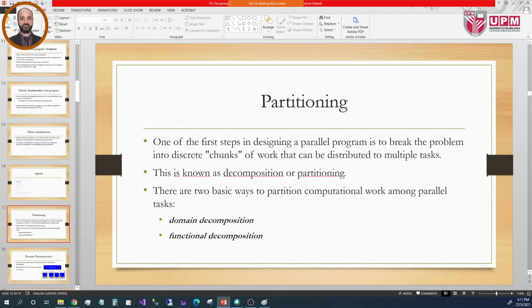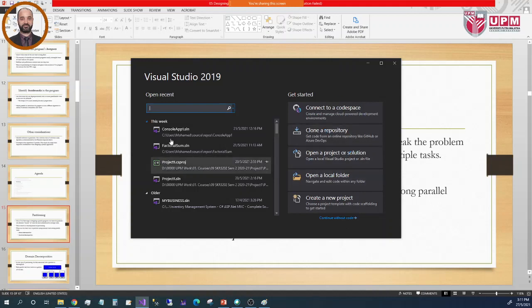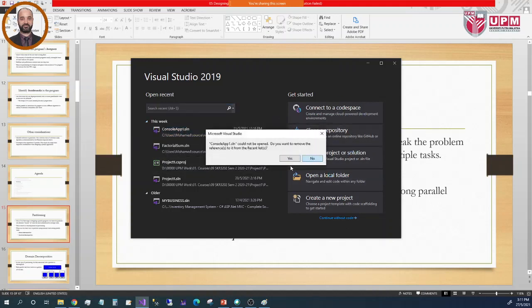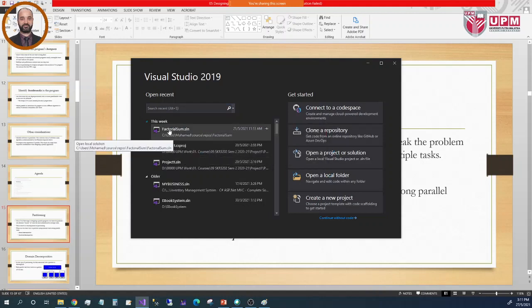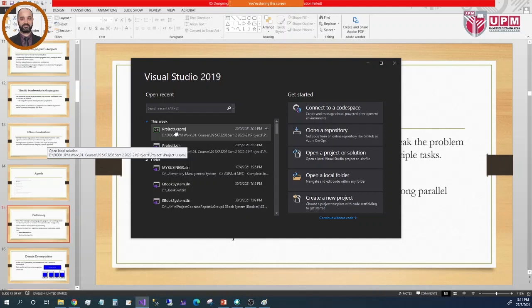Okay. So here, this is our last factorial sum, or what? Oh, not that. This one. Oops. I don't know, where is it? Oh, I changed the name of the folder. Anyway, let us open a local folder and see.